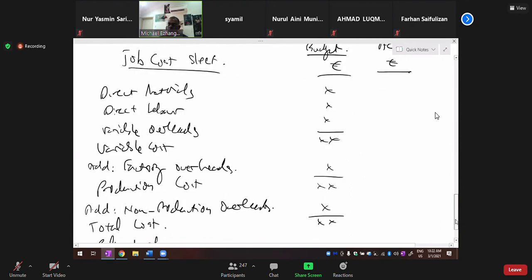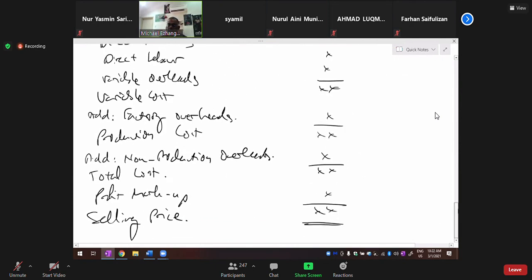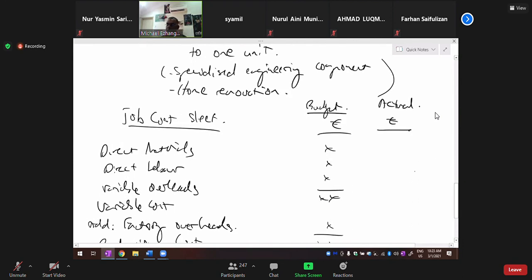See, once you quote the price to the client, if your actual cost is higher, you cannot go back to the client and say, hey, I actually spent more than what I was planning to spend. All right. So I'm going to charge you a higher price. Well, that's not possible. Do you know what I mean? Because the client's going to say, hey, we agreed on the price. We signed off on the contract. So if you incur more costs, that's your problem, not mine. Get it? That's what the client will say. Do you follow what I'm saying?